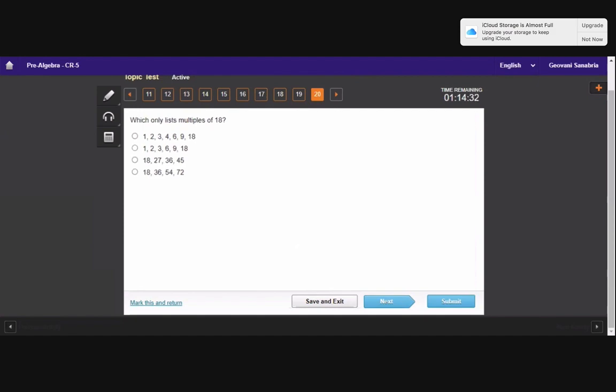So 18 times 1, and then 18 times 2 is 36, 18 times 3 is 54, and 18 times 4 is 72. And you could keep going, but 27 is not a multiple, and the other ones look like they're factors. Multiples are bigger than the number, and factors are smaller than the number.